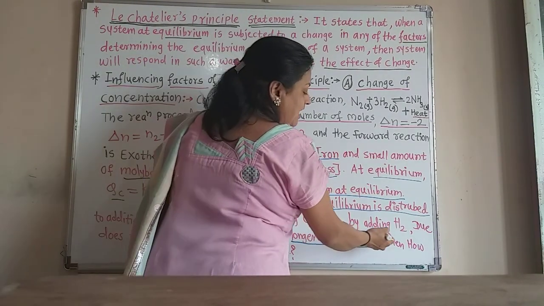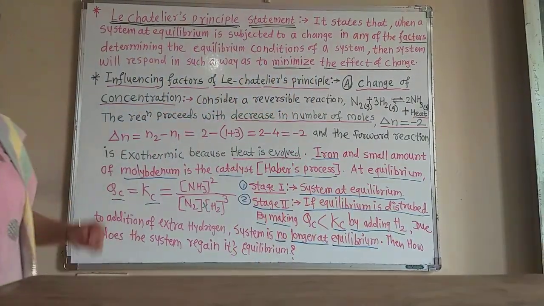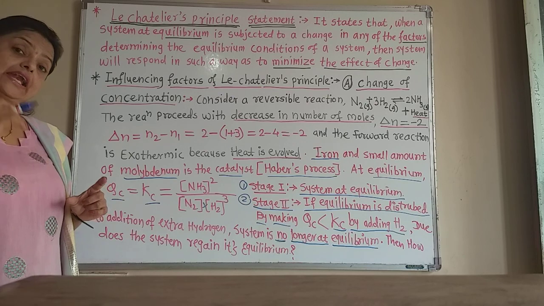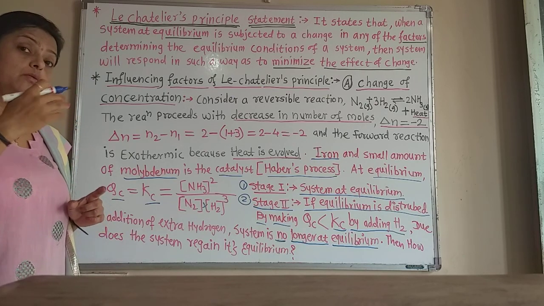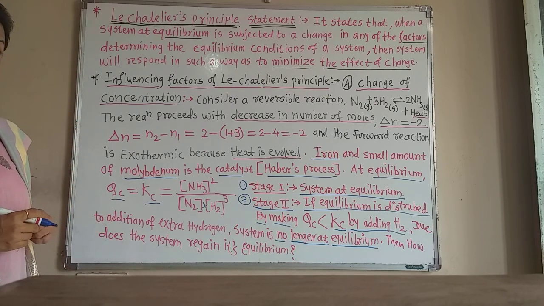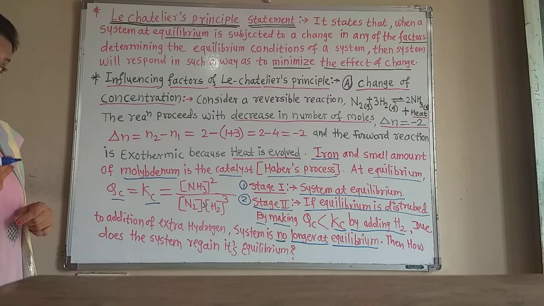By adding hydrogen gas. When equilibrium is there and we add more hydrogen gas, the equilibrium gets disturbed and Qc becomes less than Kc.